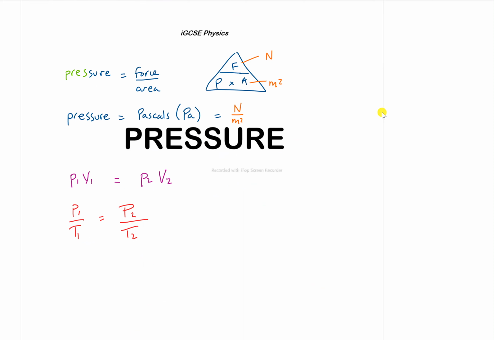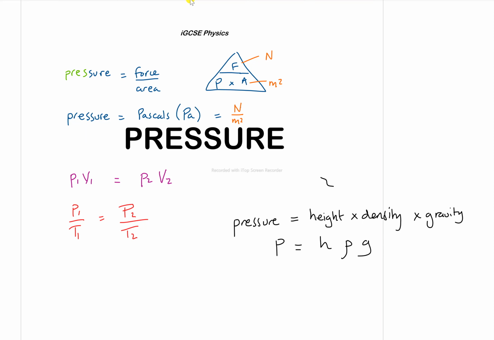So we also know pressure equals height times density times gravity, or gravitational field constant. You'll see it as h, rho, which is a Greek letter, and g.